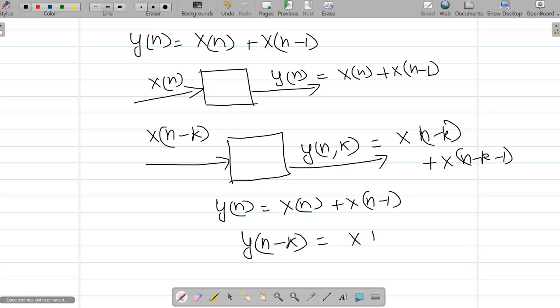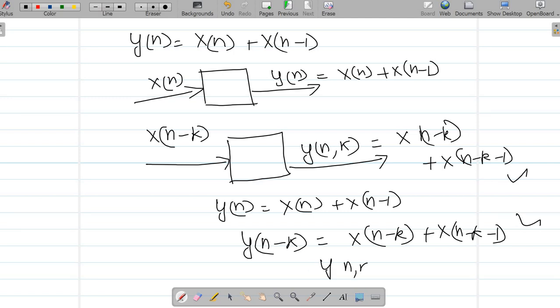When I do it, I get x of n minus k plus x of n minus k minus 1. So we can see that this and this are equal. So this is essentially a time invariant system.